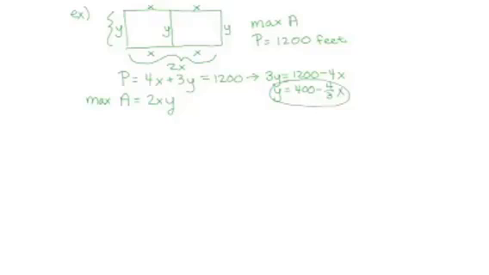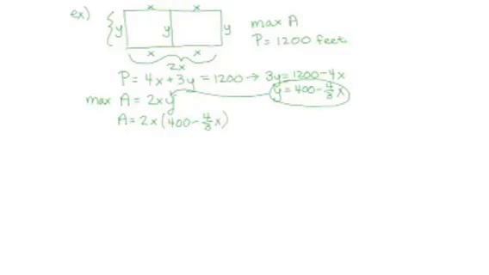Let's take this value for y and plug it into the area. So now we only have one variable in our function. So it'll be 2x times y, but y is just 400 minus 4/3 x.